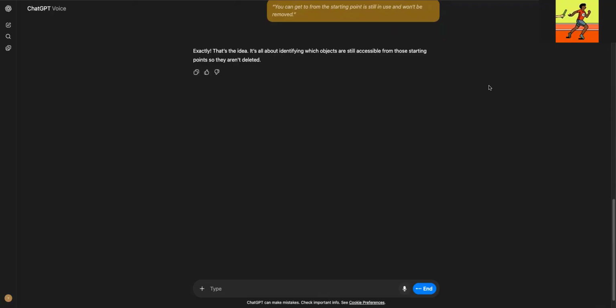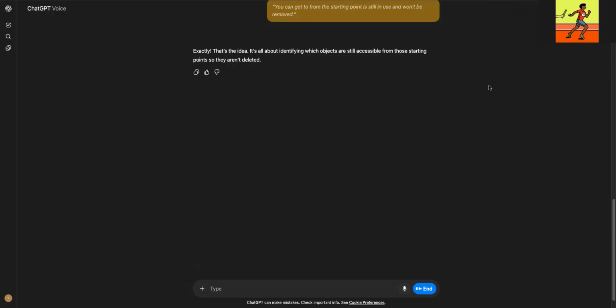Reached by following reference. What do these roots mean? The earlier sentence is: every program has GC roots. These are starting points like global variables and stack references.